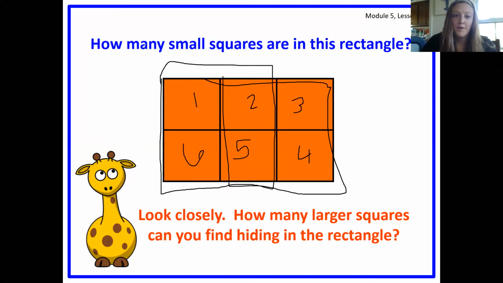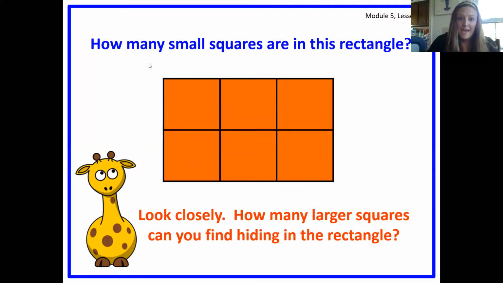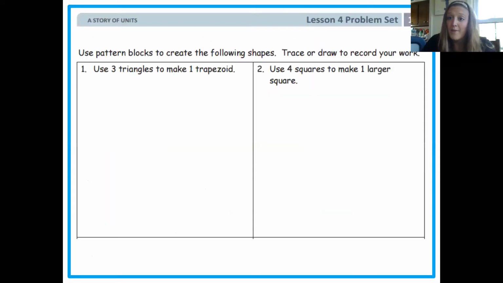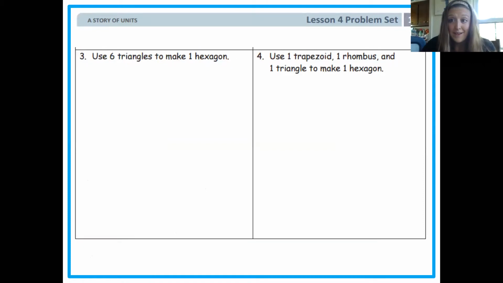So what I would like for you guys to do today is get creative and draw them out. You can use 3 triangles to make a trapezoid. Remember, this is a trapezoid. You can pause it and make it. You can use 4 squares to make a larger square, like we did. Pause it if you need more time. You can use 6 triangles to make a hexagon like I did, kind of like that little pizza, right?